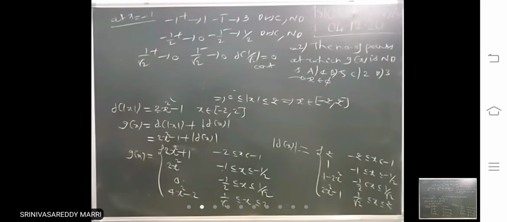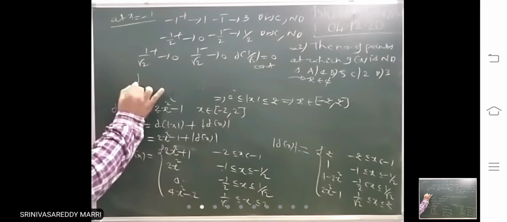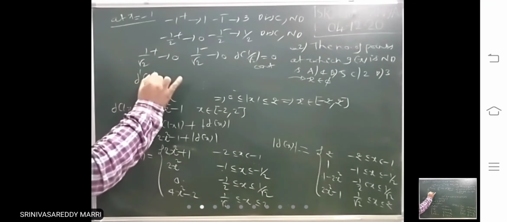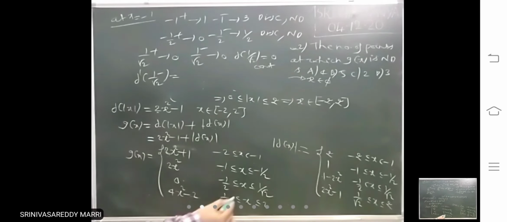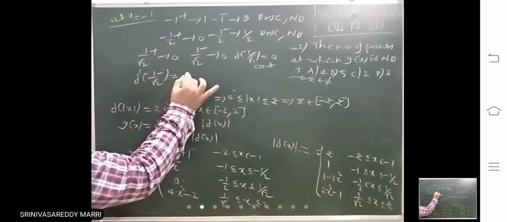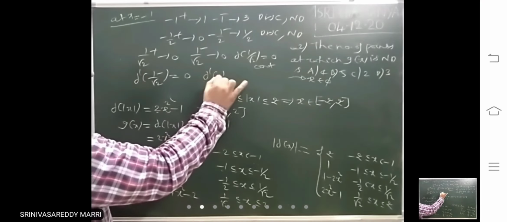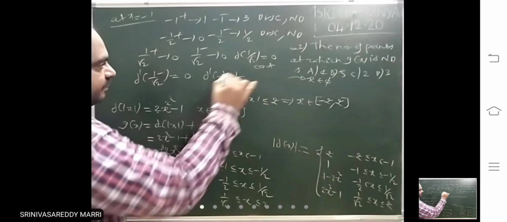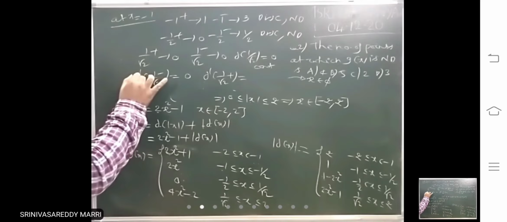Therefore it is continuous. Now the right hand derivative and left hand derivative. Let us calculate: at 1 by root 2 minus, the derivative of 0 is 0.